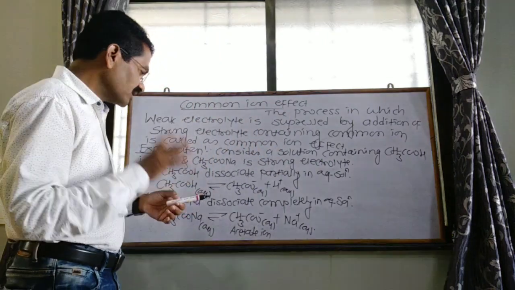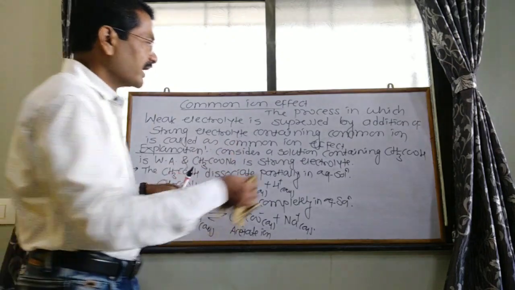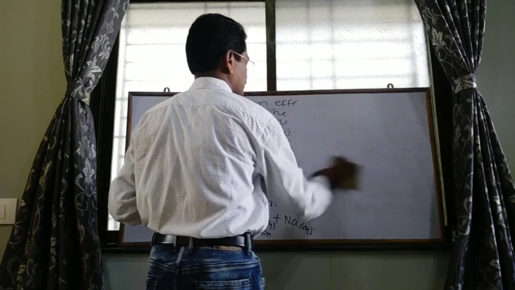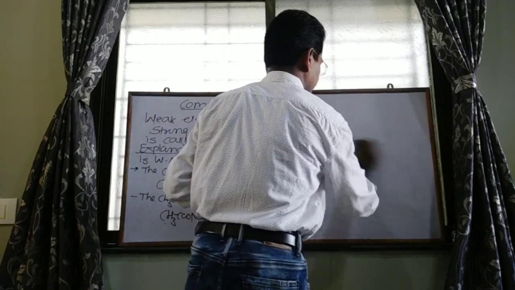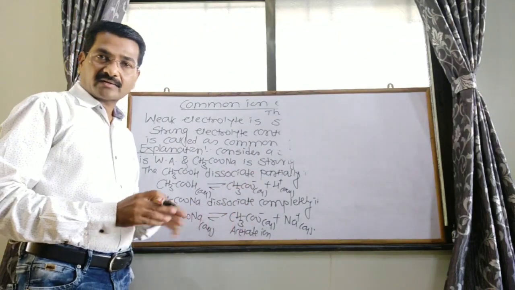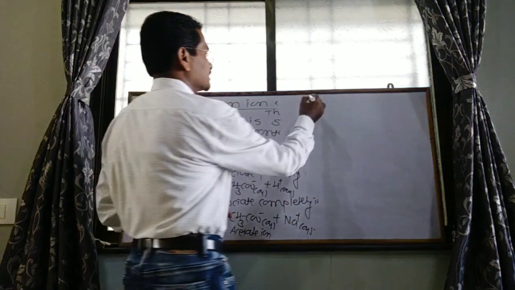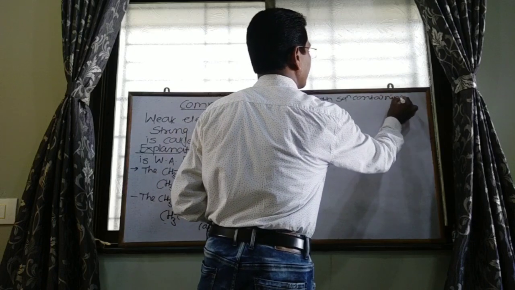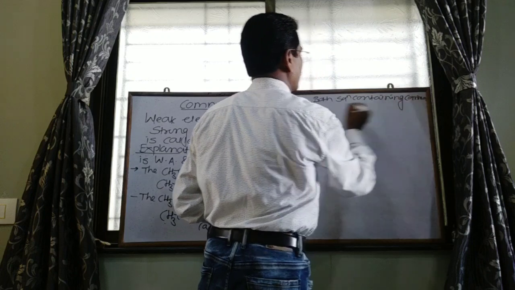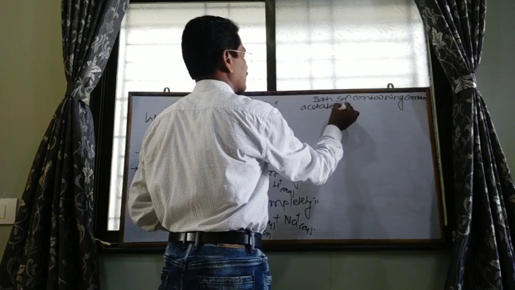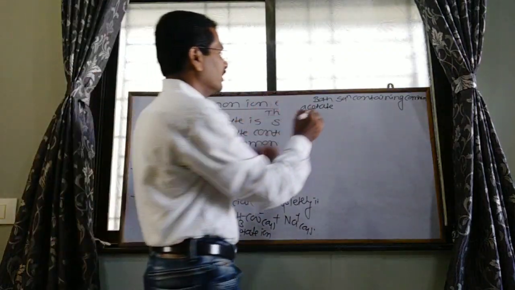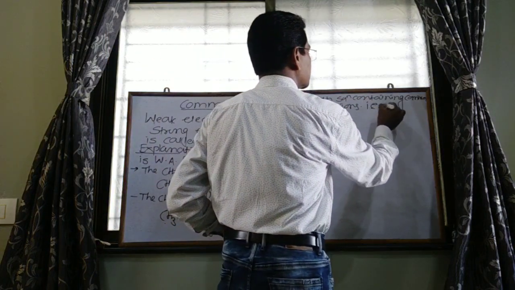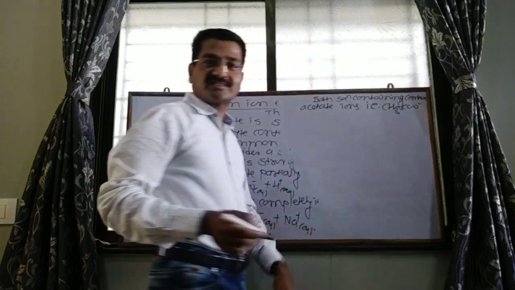So by using the common ion effect, both solutions contain the common acetate ion, that is CH3COO minus.